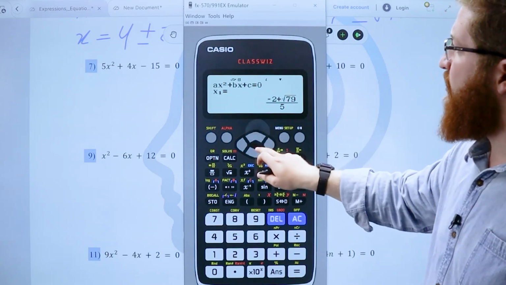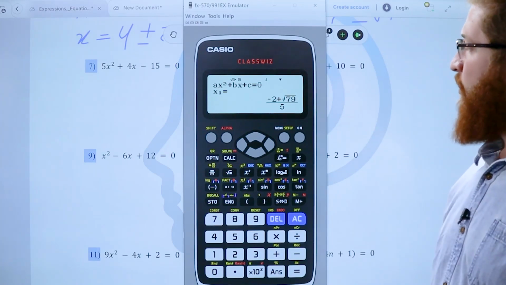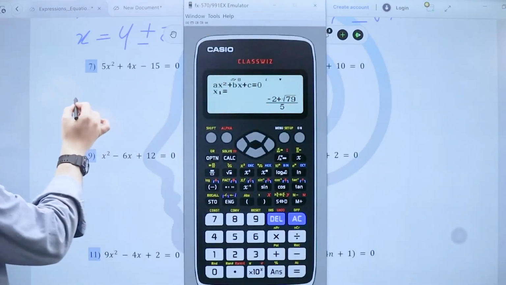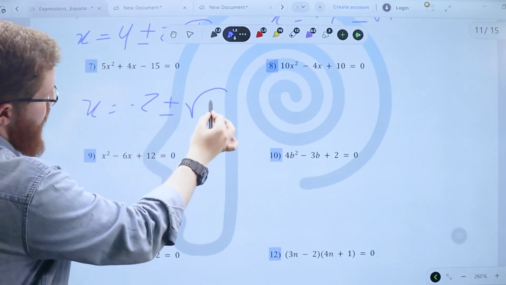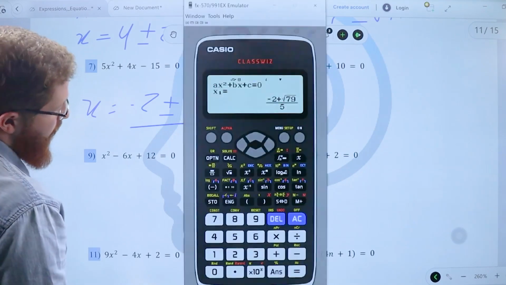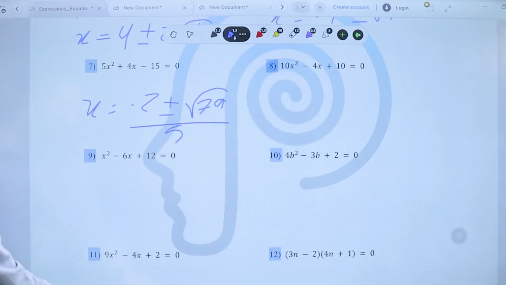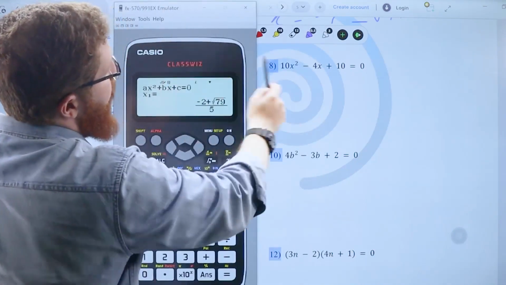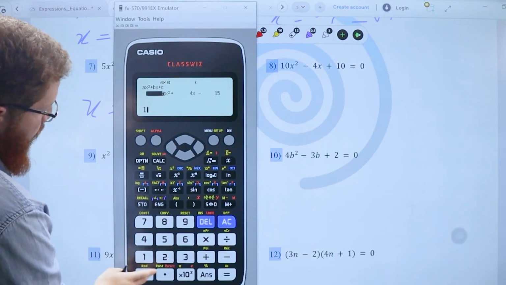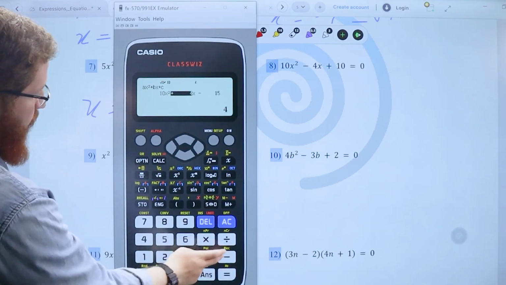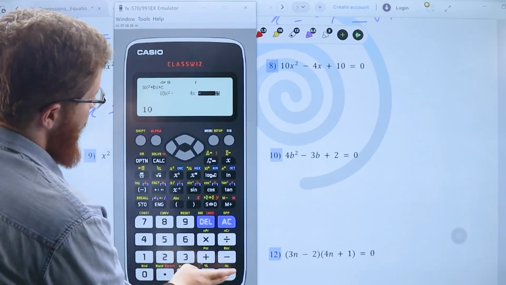Here you have two different values, which are x equals minus 2 plus minus square root of 79 over 5. 79, not 78. Okay. The other one, I can do it from the start. The coefficient of x squared is 10. The coefficient of x is 4. The constant is 10.